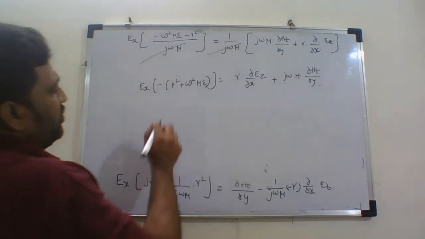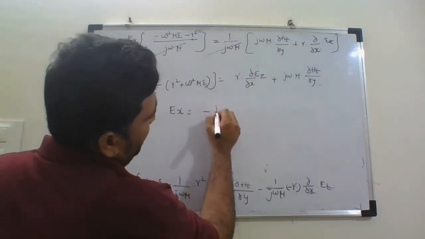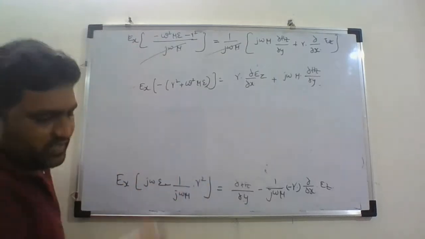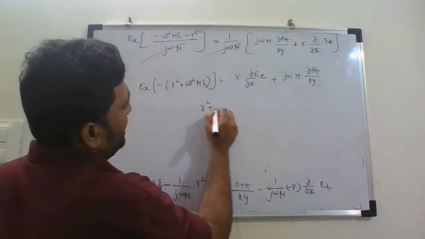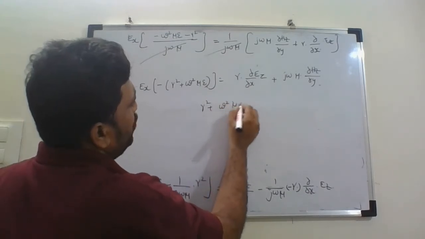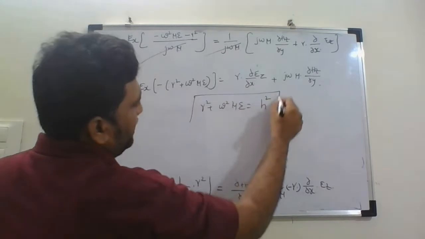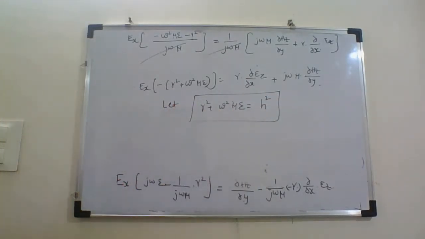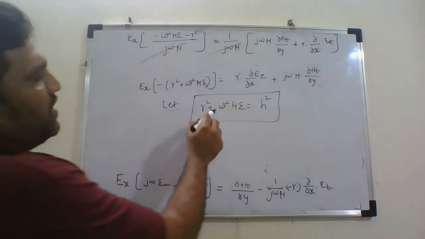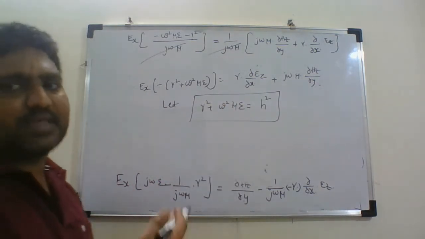Now one thing before this: let us assume gamma square plus omega square mu epsilon is equal to a constant value, which has some importance.